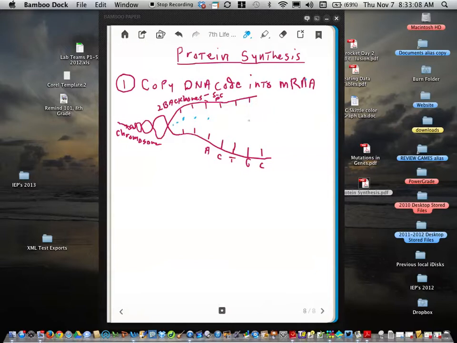When those hydrogen bonds break, the DNA unravels and the backbones are exposed, revealing the code. When that happens, a chunk of messenger RNA is built, is created using that DNA code. So this is the mRNA molecule being formed right here.